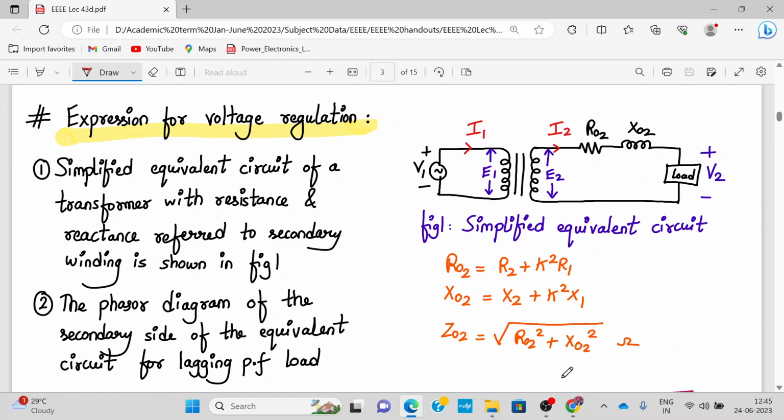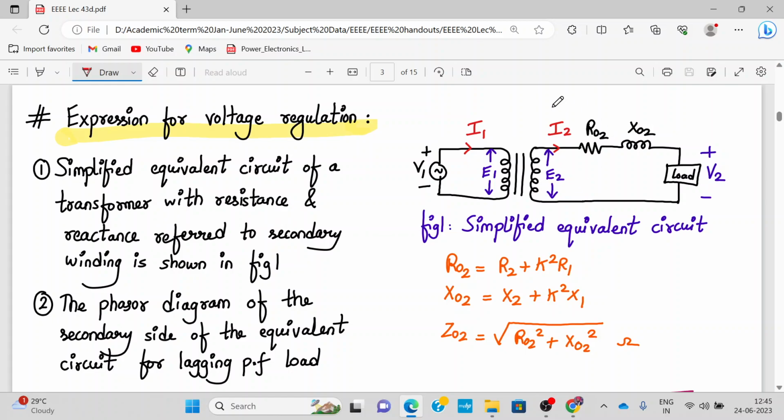Where RO2 is R2 plus K square times R1, XO2 is X2 plus K square times X1, ZO2 is square root of RO2 square plus XO2 square, and so on. So this is a simplified circuit of a transformer with resistance and reactance referred to the secondary winding.